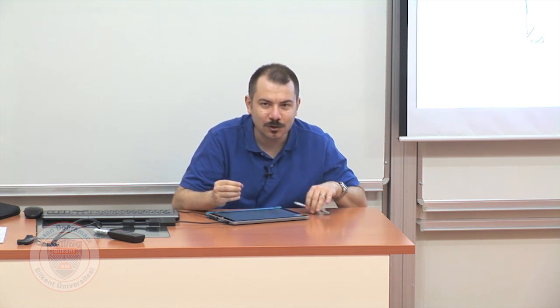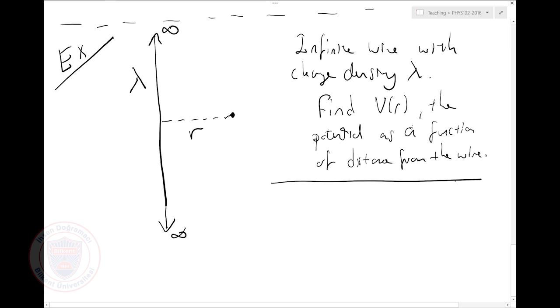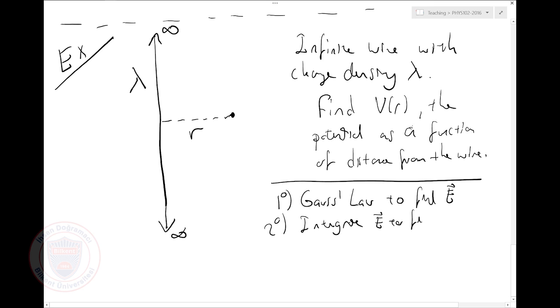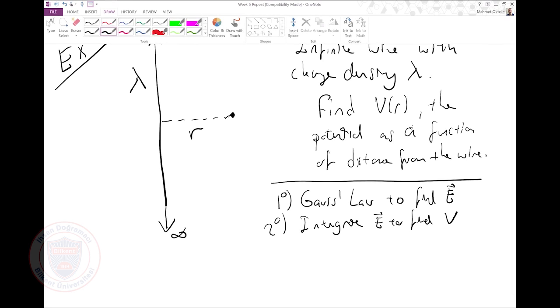Why? Because it's very symmetric. I can actually use Gauss's law. So my solution will consist of two steps. First, I'll use Gauss's law to find E, and then integrate E to find V.